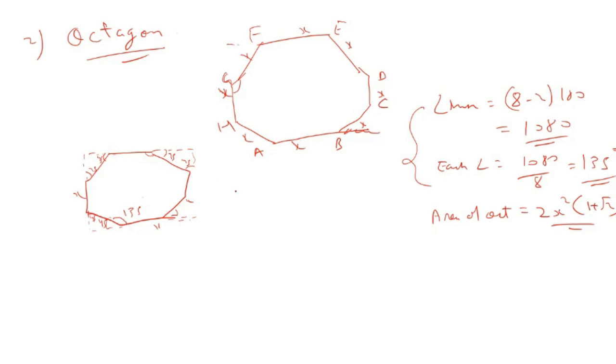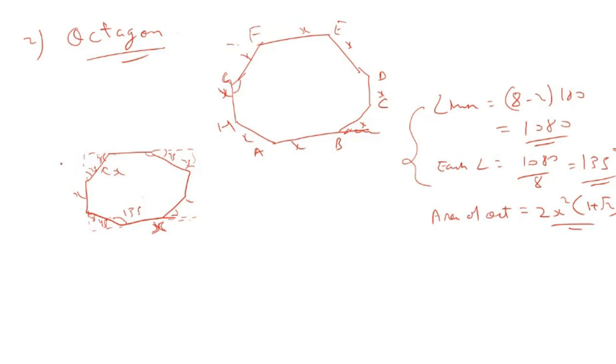Now, what does this tell me? This tells me first of all that an octagon is nothing but this, like at the corners we have these right angle isosceles triangles. So let's say this is x, and this is also x, regular octagon, and this is a right angle isosceles triangle. Why? Because 45, 45, right?